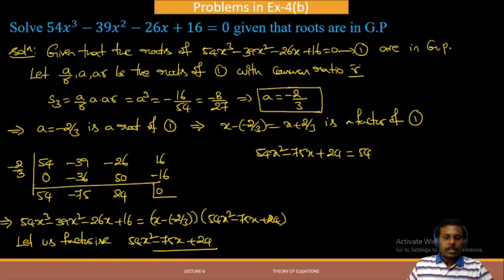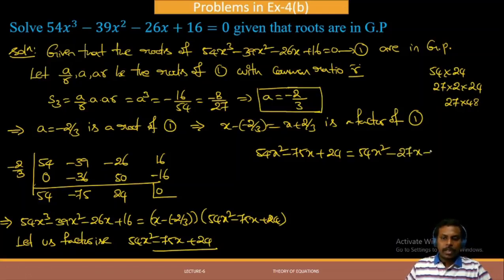So let me write this as 54x square, this 54 into 24, this 54 can be written as 27 into 2, into 24. So this is 27 into 48. So 48 plus 27 is 75. Okay, minus 27x minus 48x plus 24.